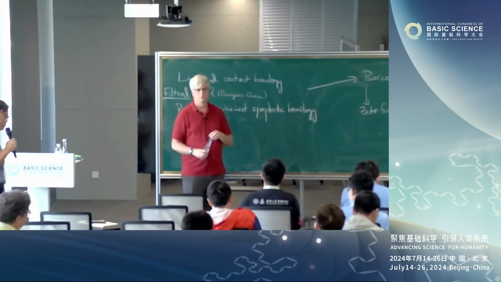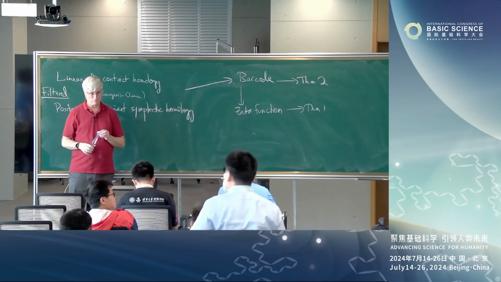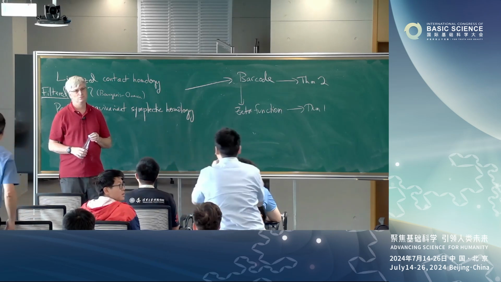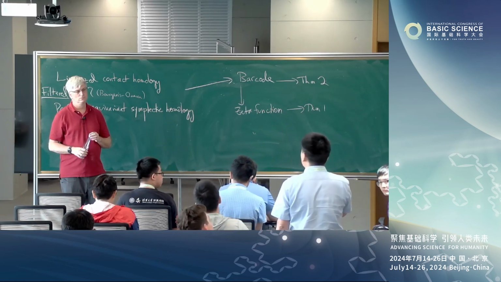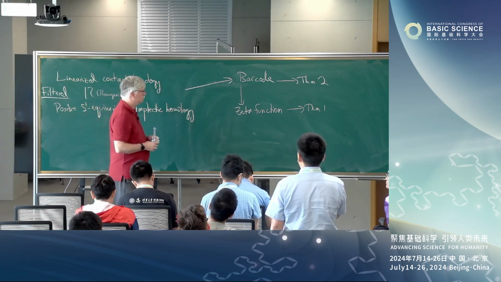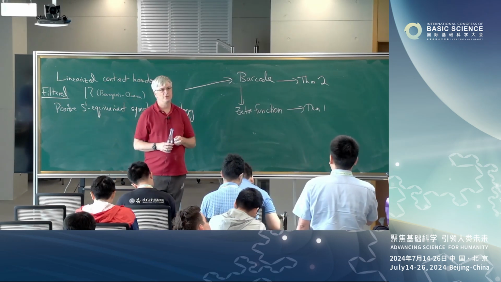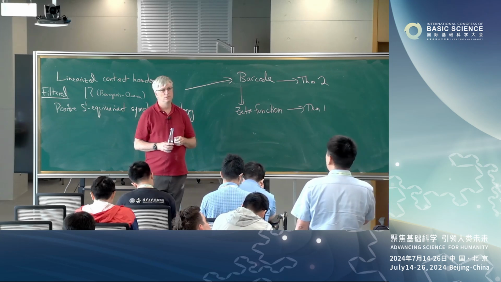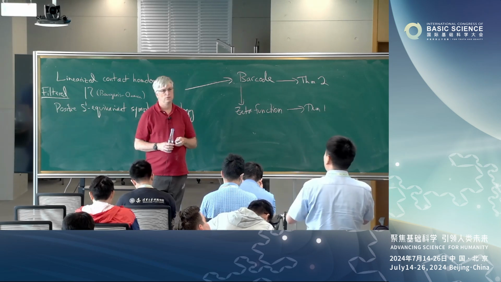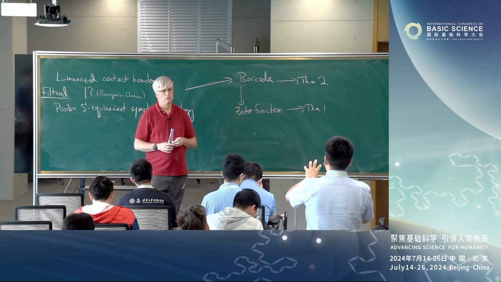Questions? Comments? I'm curious if there are applications to billiards in convex domains, like the Birkhoff conjecture, which some people claim to prove, but it's maybe not. So which conjecture is that? Birkhoff conjecture, like in a convex domain, you want to know that the periodic orbit spectrum somehow determines the domain.